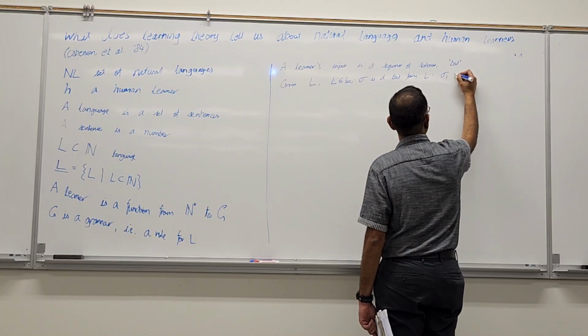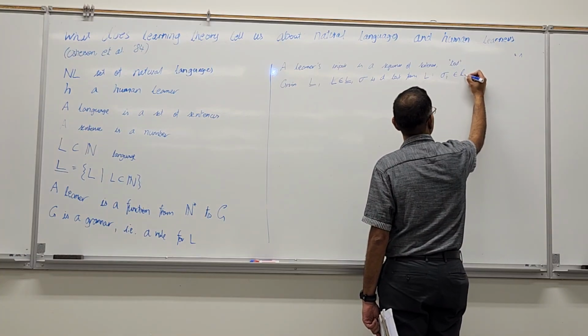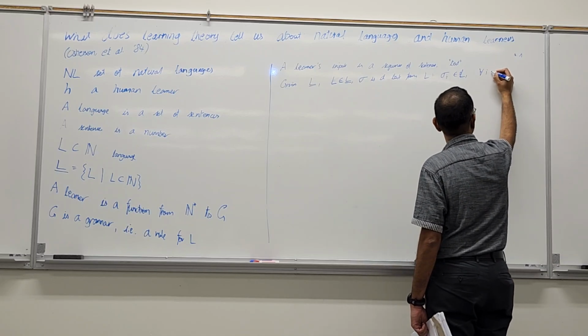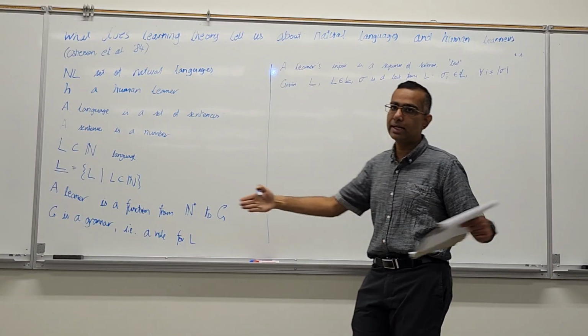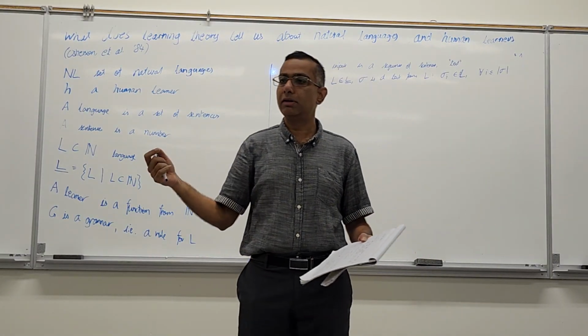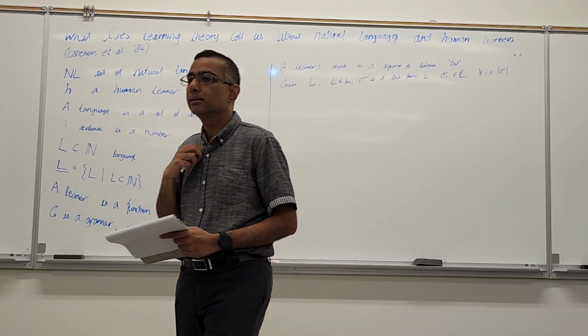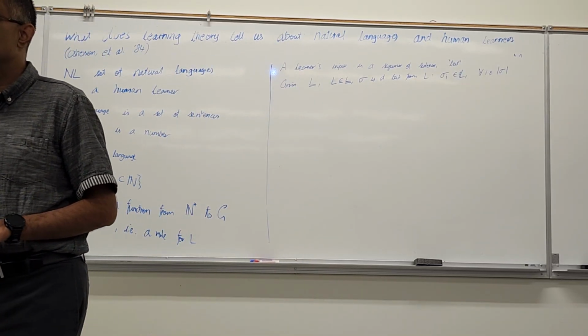So sigma_i is in L for all i up to the length of sigma, right? So it's just a finite set of sentences, and every sentence is coming from L. Okay? So you can't learn from two different languages?